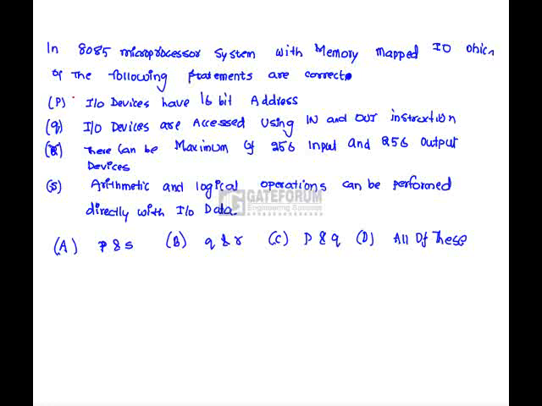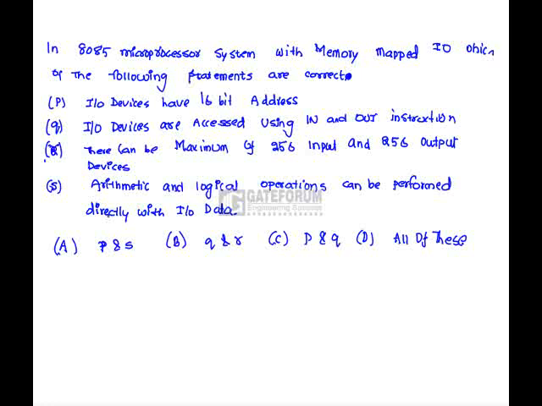Statement R: there can be a maximum of 256 input and 256 output devices. This is a wrong statement, because in IO mapped IO the address is 8-bit, hence we can connect a maximum of 256 input and 256 output devices. But this is memory mapped IO, so it's wrong. Statement S: arithmetic and logical operations can be performed directly with the IO data.